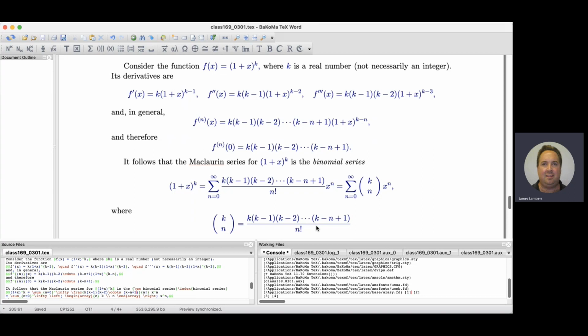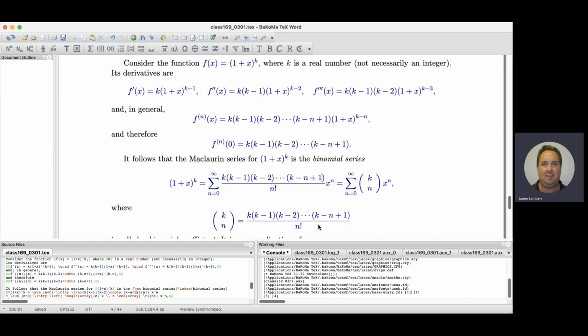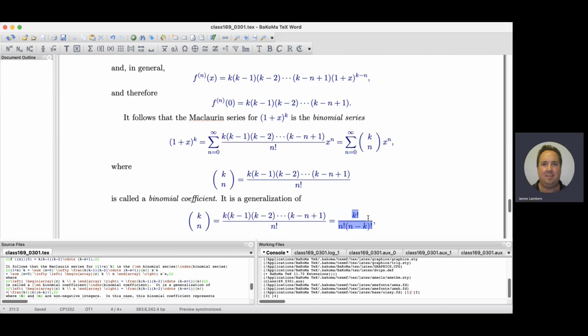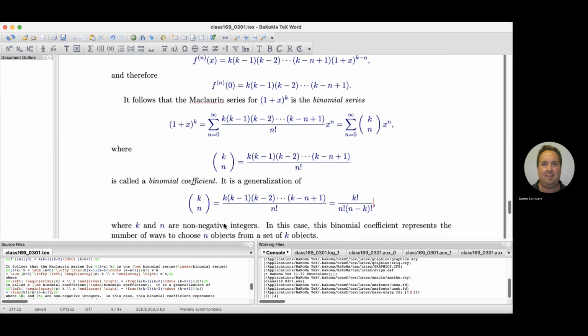Now, you may not remember this definition. The definition that you would have learned is this one. Now, when k and n are non-negative integers, and k is greater than or equal to n, this formula is equivalent to this one.